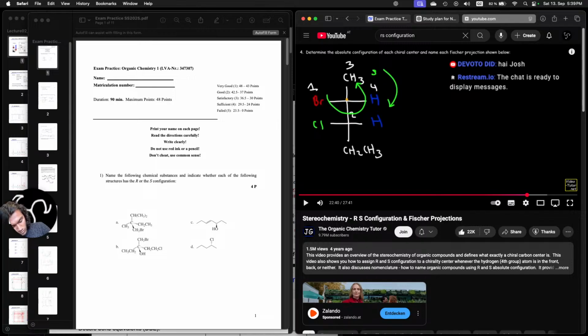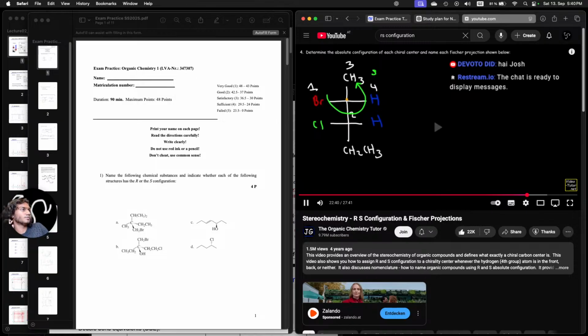What do we name this? We take the parent chain. 2R, 3S, 2-bromo, 3-chloro, pentane.